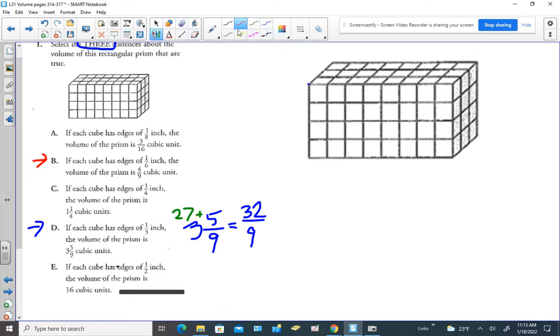Let's write the formula again, which is volume equals length times width times height. So volume equals, and let's count out our thirds, because this is 1/3, right? If the edge cubes are 1/3, that's 1/3. So that would make 2/3, 3/3, 4/3, 5/3, 6/3, 7/3, 8/3. So that's equal to 8/3.